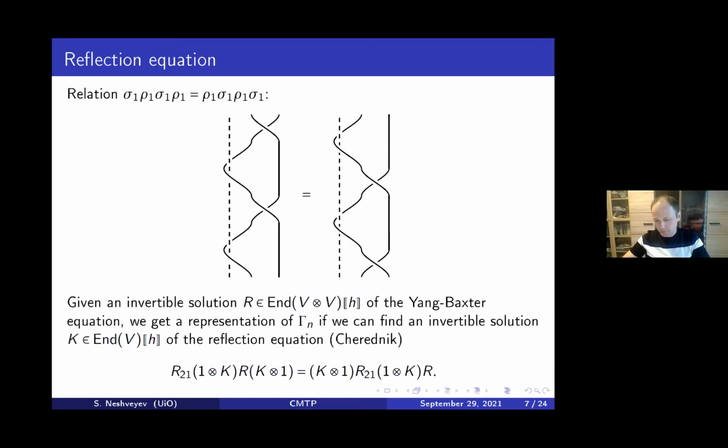And so there has been a lot of interest in finding solutions of this equation. And one of the questions, in view of the Kohno-Drinfeld theorem, can be as follows. Is there some sort of quantization problem which produces solutions of the reflection equation, similarly to how quantization of universal enveloping algebras produces universal R matrices, which are solutions of the Yang-Baxter equation?